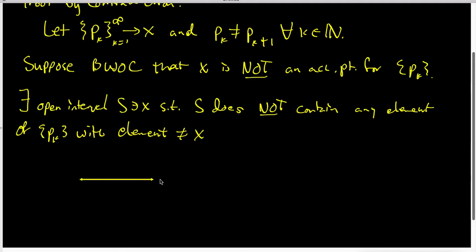So here's a number line, and we're going to put X somewhere on this number line, and we are going to draw the open interval S. So maybe this is S.